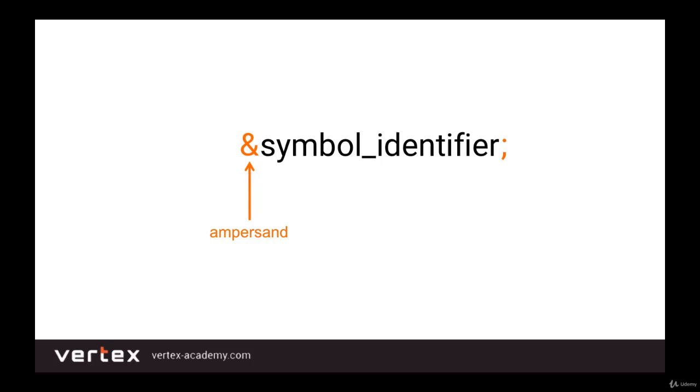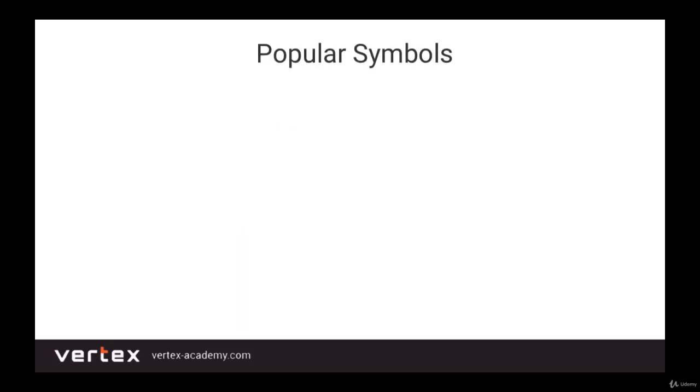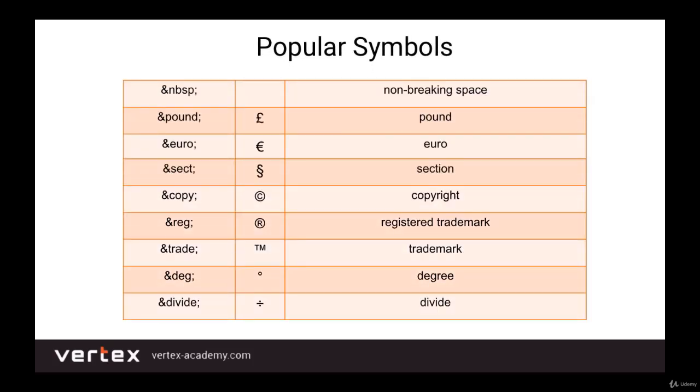So let's look at some examples of some popular special symbols. To insert the copyright sign, you need to write the ampersand, copy, and semicolon. And if you open up a page, you see the copyright sign instead of the code name that you wrote. So let's try to do this in practice.